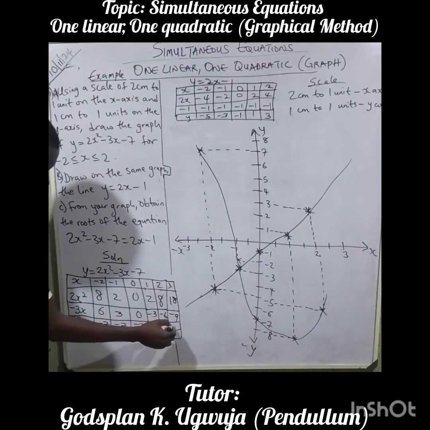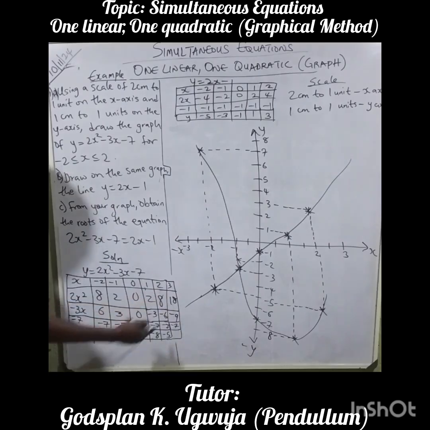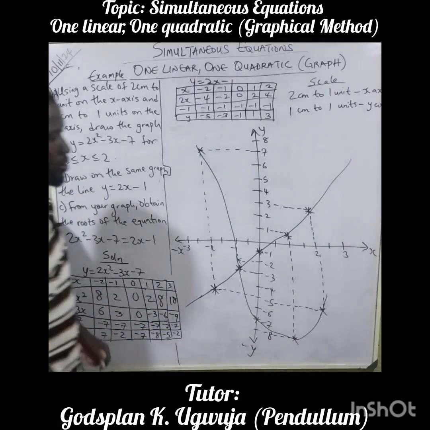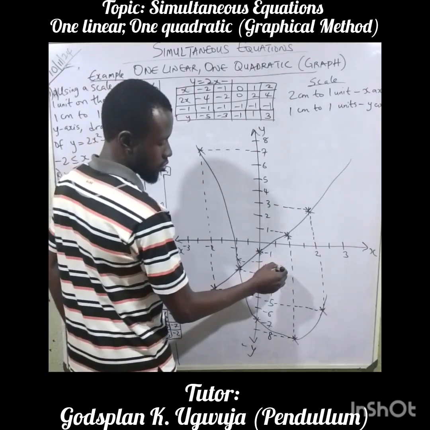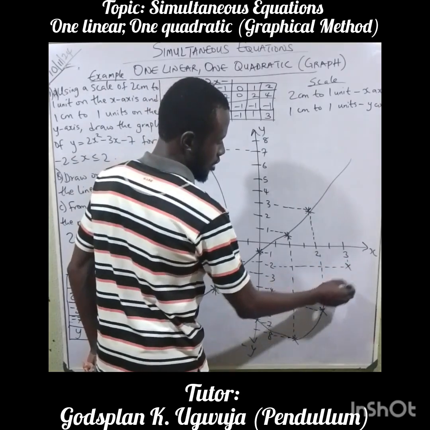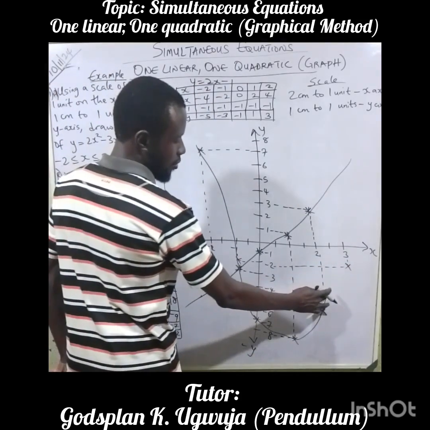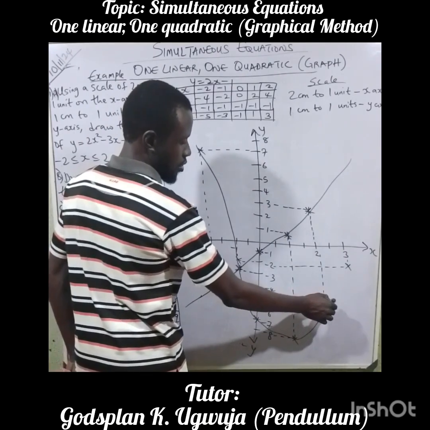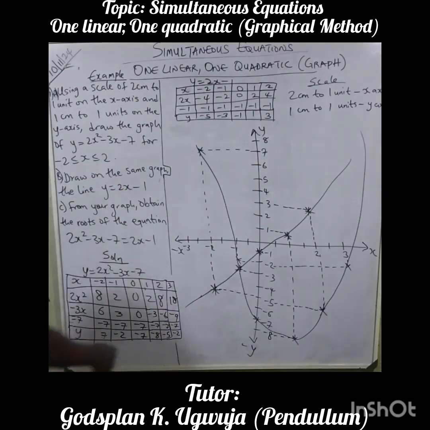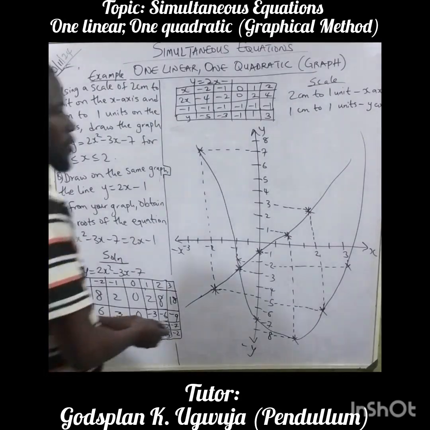And then we still have minus 7 here. So 18 minus 9 is 9, 9 minus 7 is 2. So this is 2 when x is 3. That means it will still come up like this.